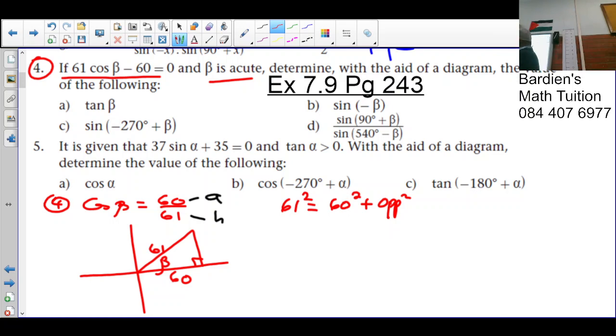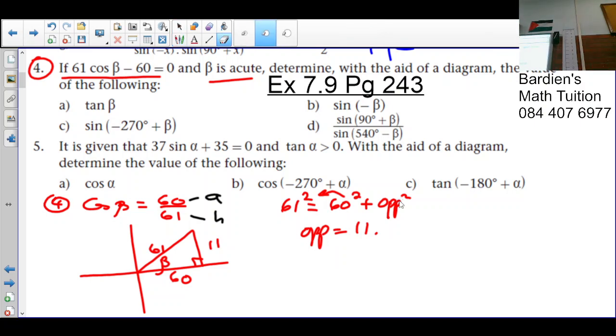Not so? Bring that over. Becomes 61 squared minus 60 squared is 121, so the opposite is going to be 11. Okay, we applied Pythagoras.